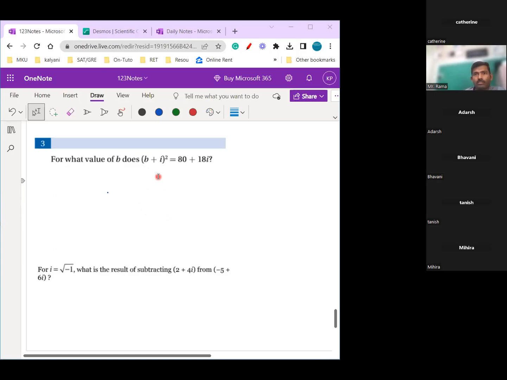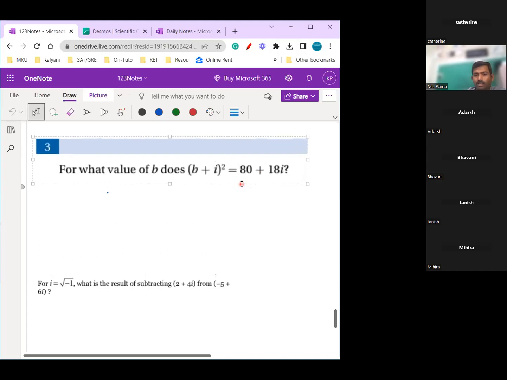Tanish, I need to see answers. And Saket, some answers. It's important that you guys participate. That way I know what you guys know and don't know. Again, at the end of the day, this test is for you guys. You need to get the best scores. I'm just here like your soccer coach or basketball coach. I'm not going to play the game for you. You're the one who's going to play the game. But I'll show you the techniques and get you ready for the test. But if you don't do practice, it's not going to get there.